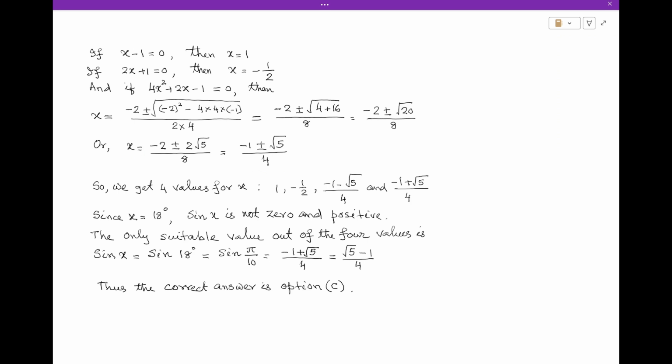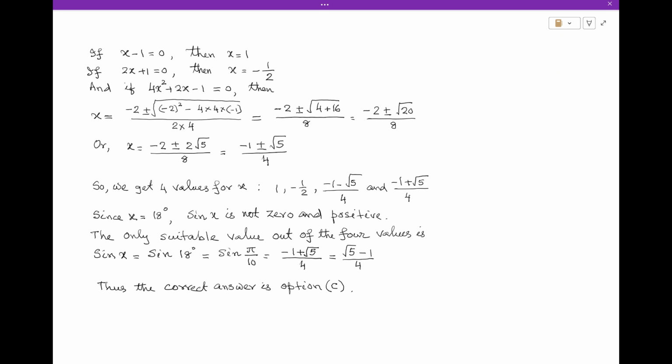For x is equal to minus 1 plus square root of 5 divided by 4, we get one value of x. And if x is equal to minus 1 minus square root of 5 divided by 4, it is another value of x.